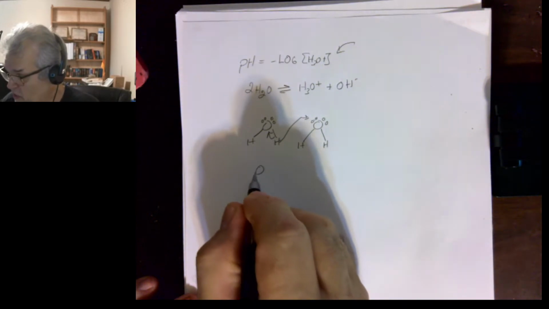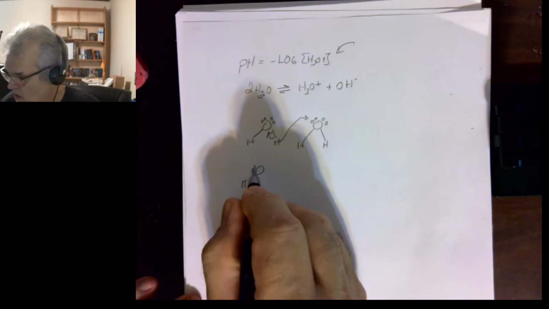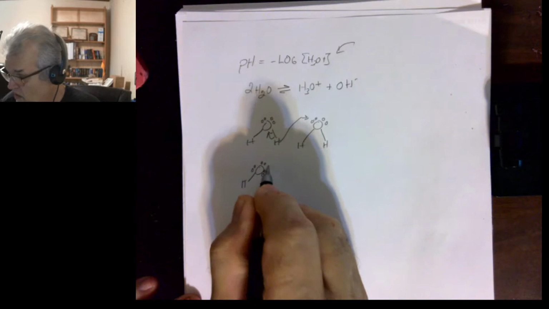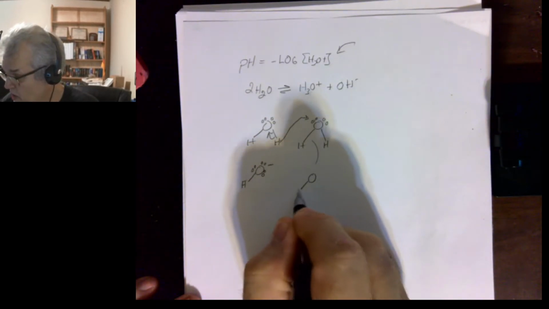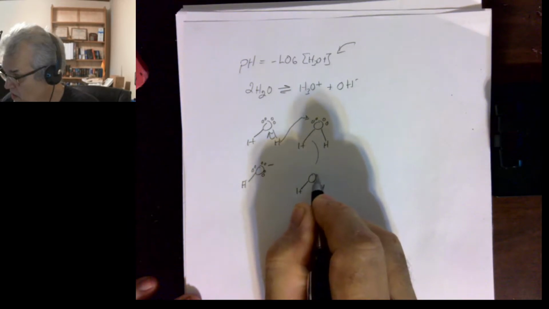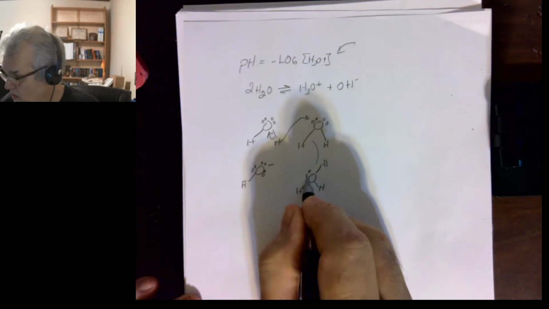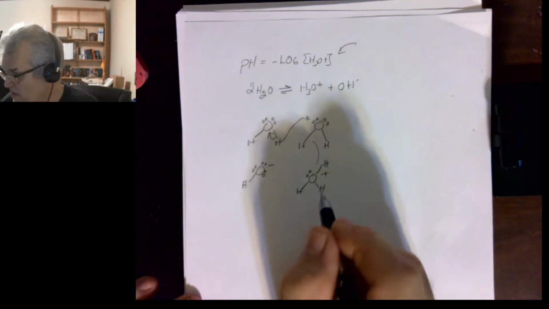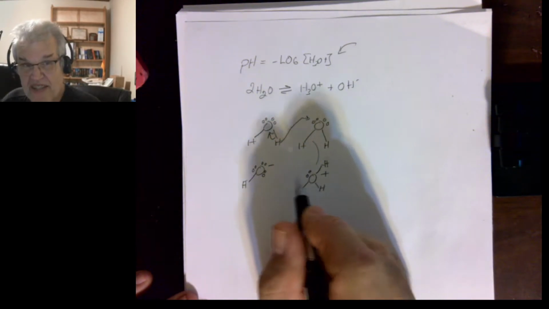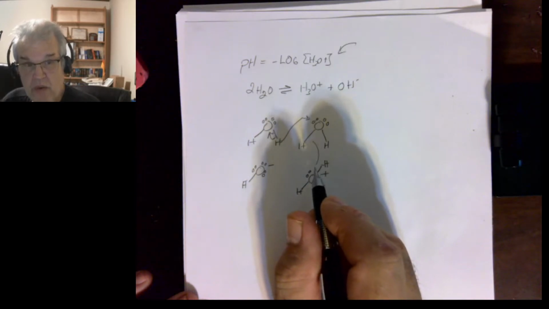This turns into, that's a hydroxide, and this turns into, and that's a hydronium. So water can form hydroxides and hydroniums, and it does so naturally.